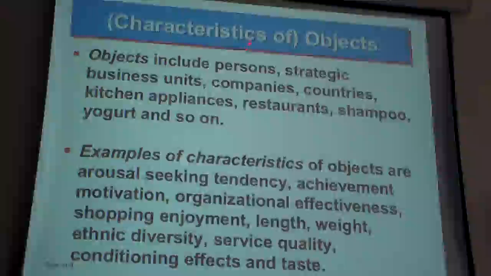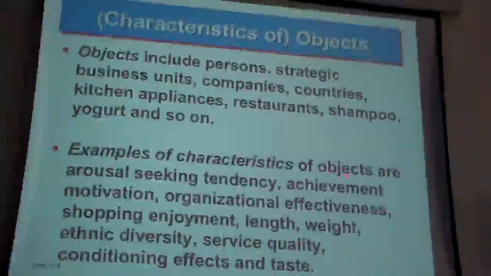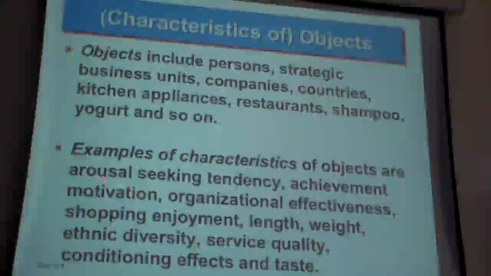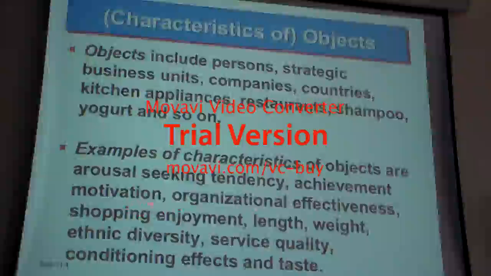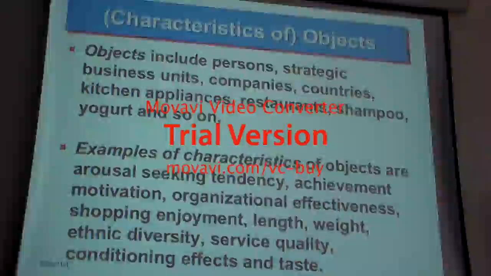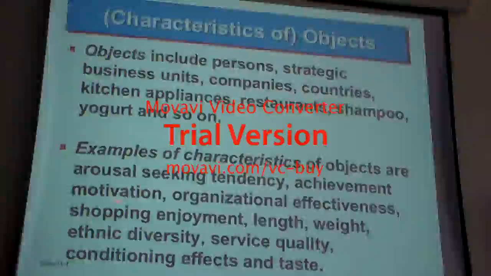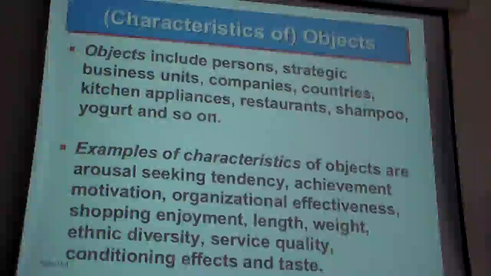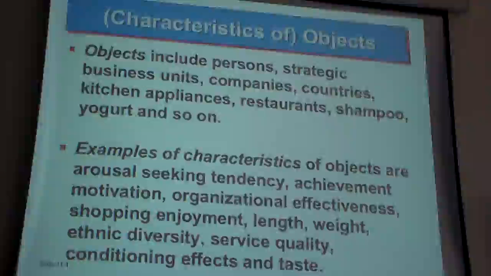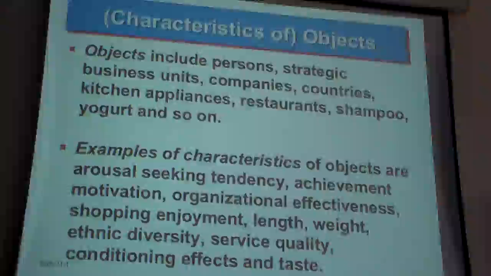So, what are the characteristics of objects? Examples of characteristics of objects are arousal-seeking tendency or achievement motivation. It depends on the object itself. Here are just some examples. For example, achievement motivation. If you have some employees in your company and they are working very well, then you want to motivate them.